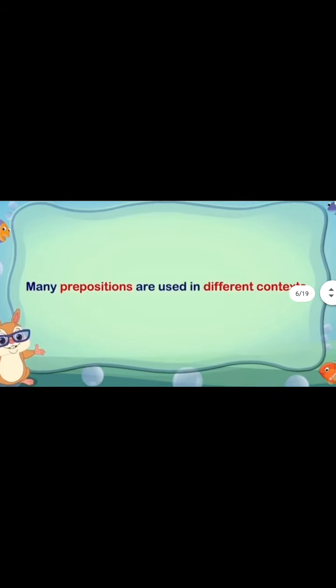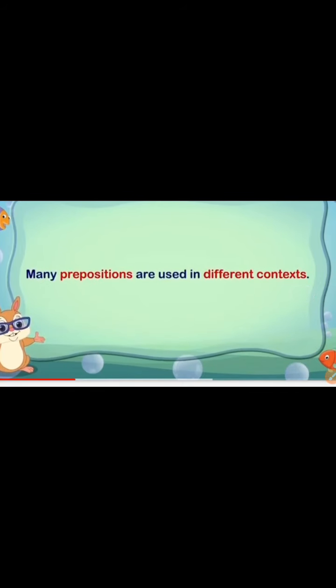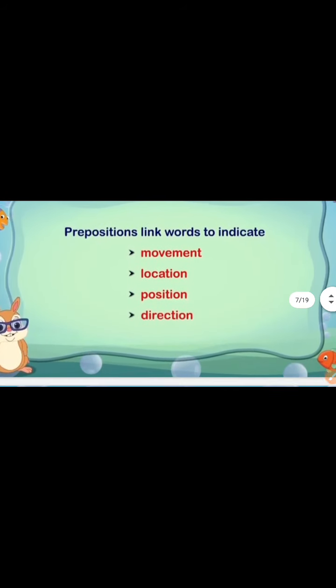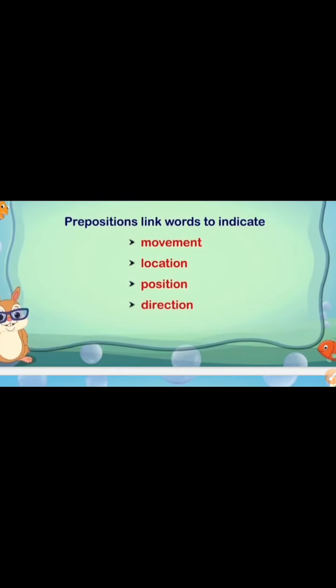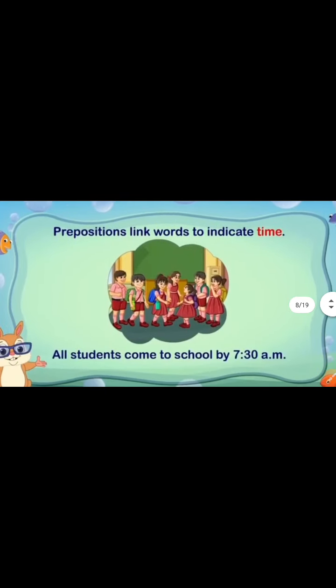Now prepositions are used in different contexts. We use prepositions to show the location, the time, the movement, the position and the direction of the noun or pronoun. For example, a preposition links words to indicate time. All students come to school. This is an example.